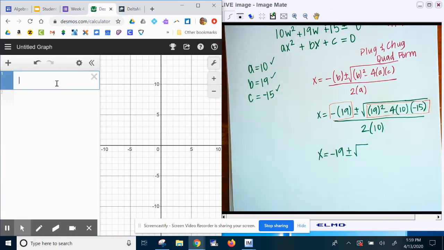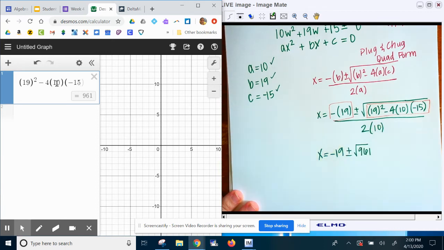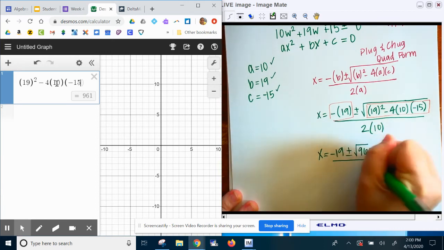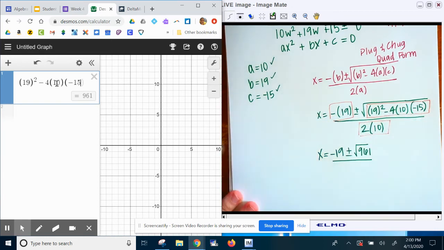Ms. Castor likes to use her brain there. I like to use Desmos because I can actually see if I typed it right. So I got 961. Okay, and it's all over. This is my last spot that I like to simplify. 2 times 10 is 20.